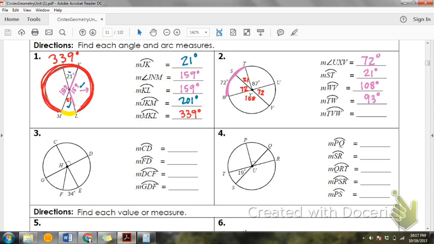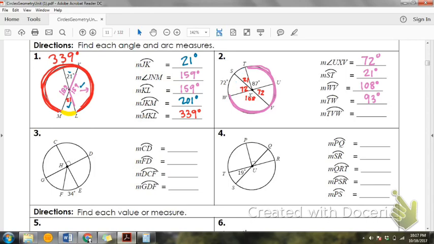And then finally, I want from T to V to W. So I'm going to start at T to V to W. So there's two ways you could do this. You could add up this angle, this angle, and this angle, or you could add this angle, then this angle, and subtract that from 360, because that's what we're not using.